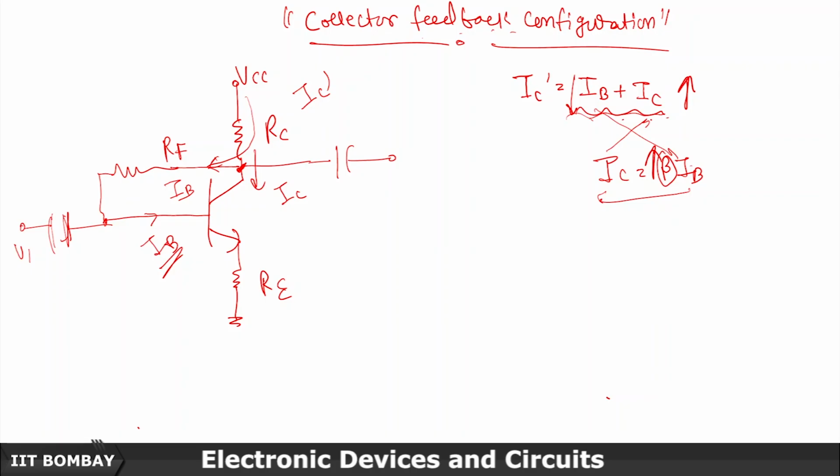We'll take a DC equivalent of the same circuit diagram, then apply the KVL as we have been doing in the previous cases, and then calculate the value of IB. So simple. Let's say this is grounded, this is VCC, this is going through RC, the collector resistance, and then there is a feedback.